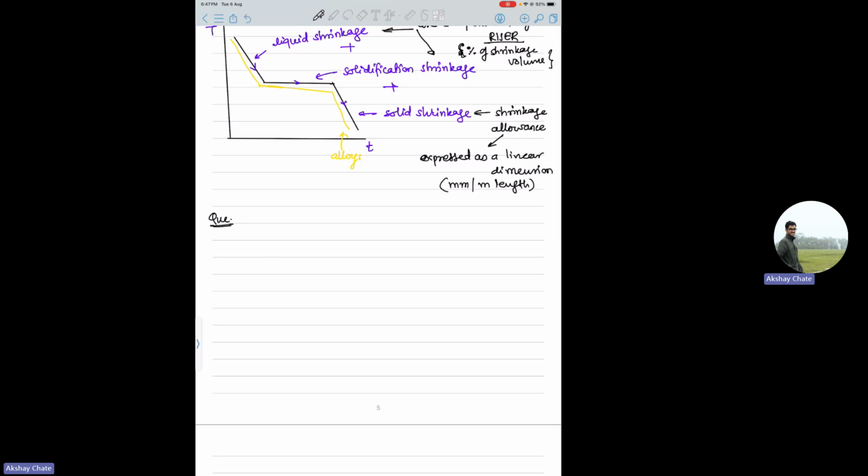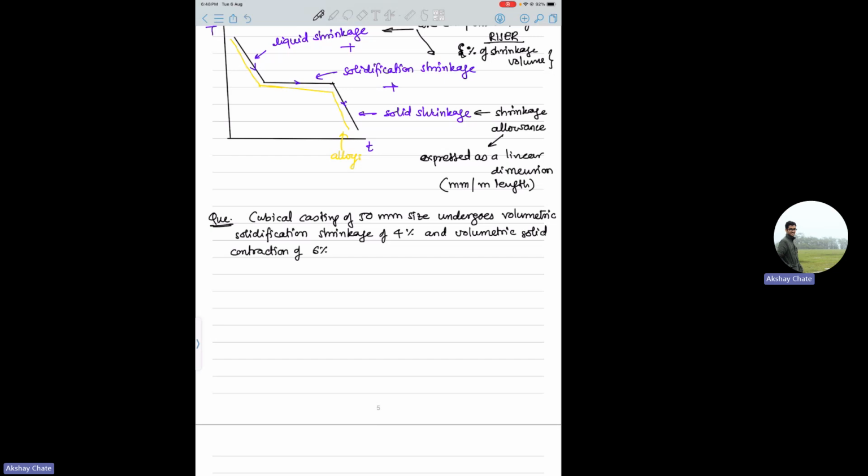Okay, so it is mentioned that you have a cubical casting of 50 mm size, which undergoes volumetric solidification shrinkage of 4%, and volumetric solid contraction of 6%.